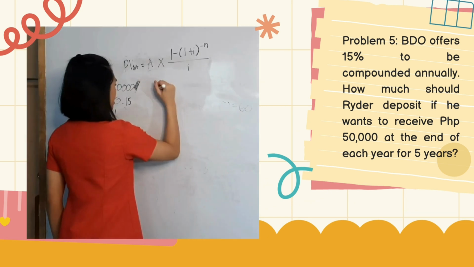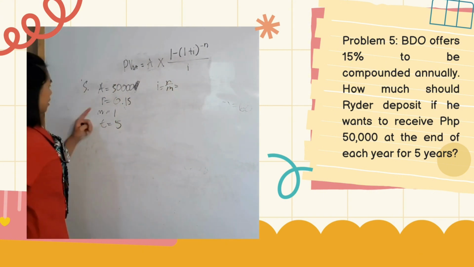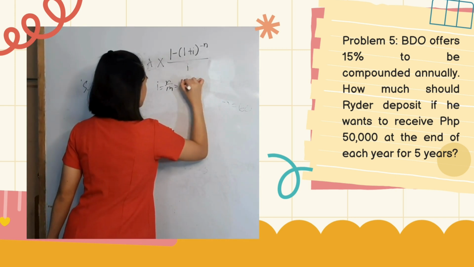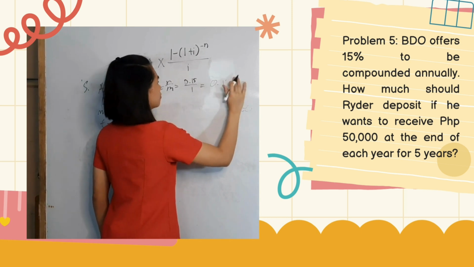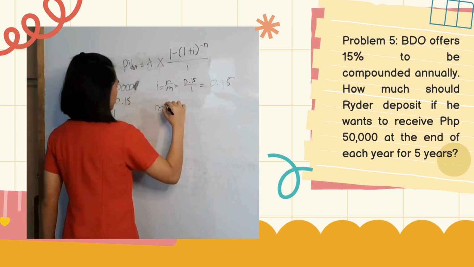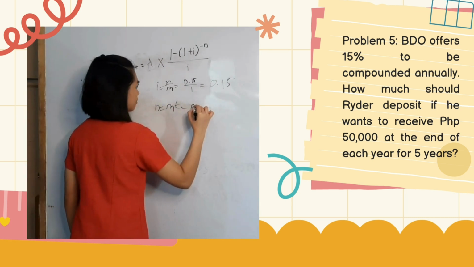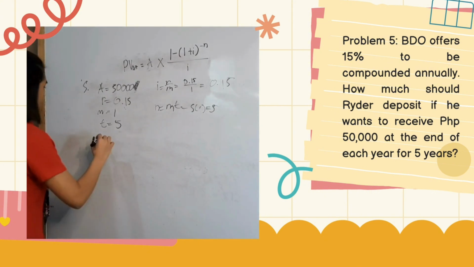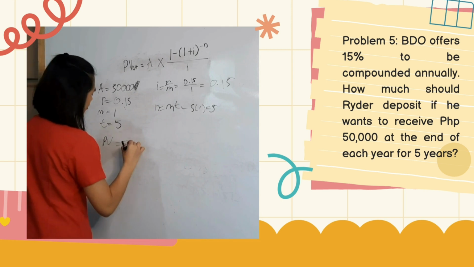Then we have letter i equals r over m, so our r here is 0.15 divided by 1. Still 0.15. Then we have letter n, multiply m t, so 5 times 1, 5.